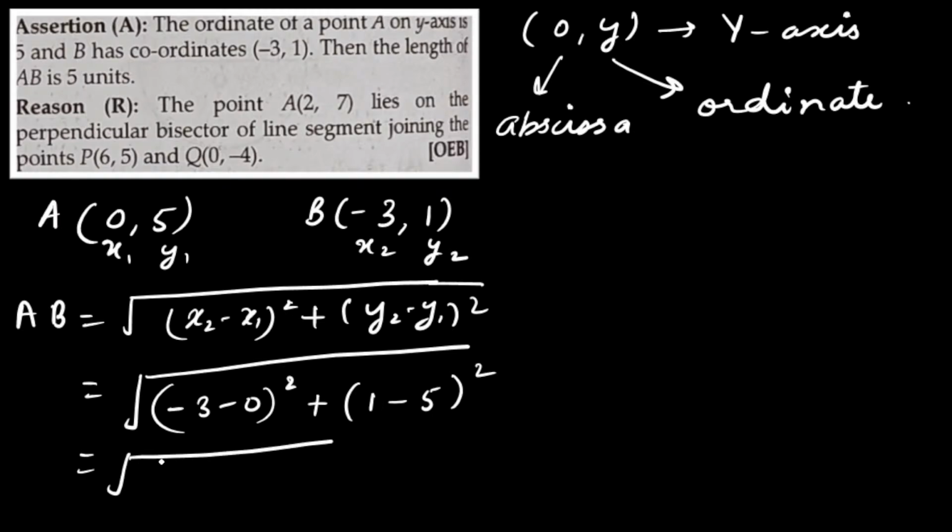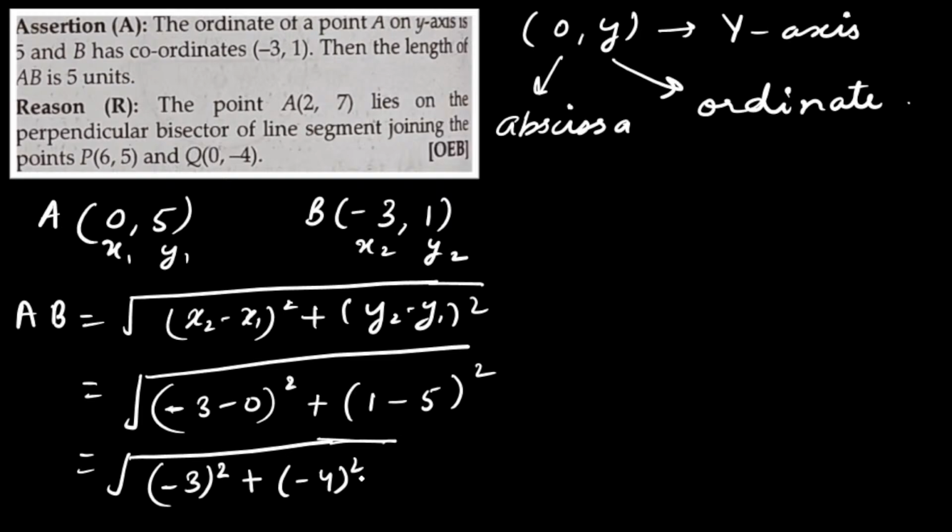So minus 3 minus 0 is minus 3 only; this minus is alone. Minus 3 whole square plus 1 minus 5. 1 minus 5 is minus 4, because the sign is that of the greater number.